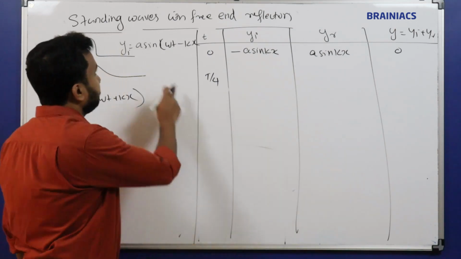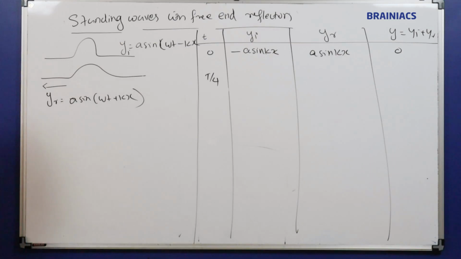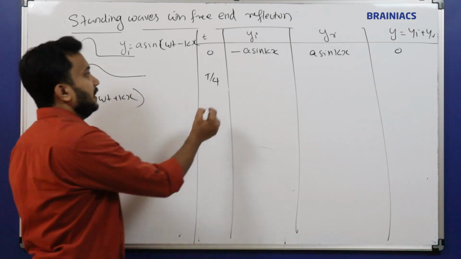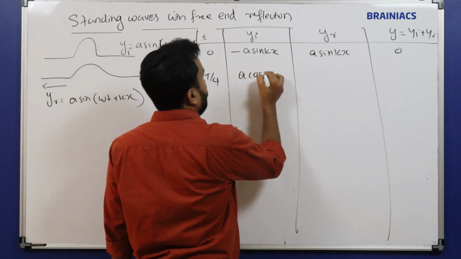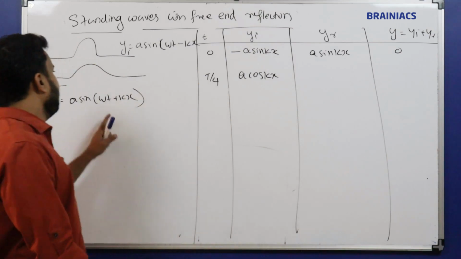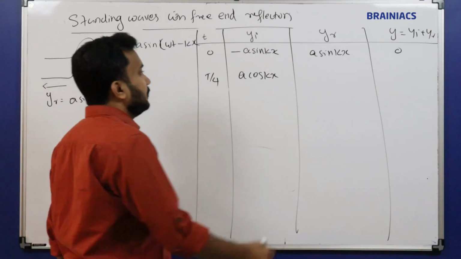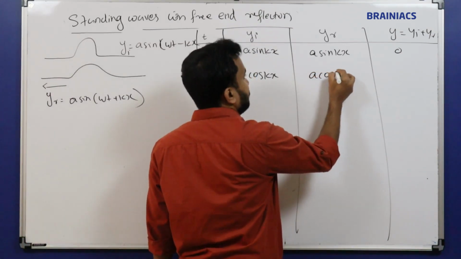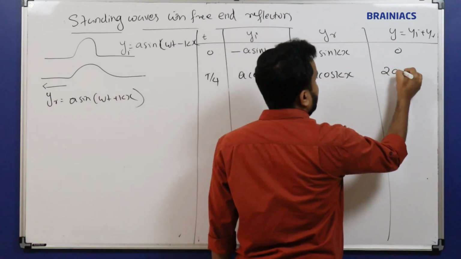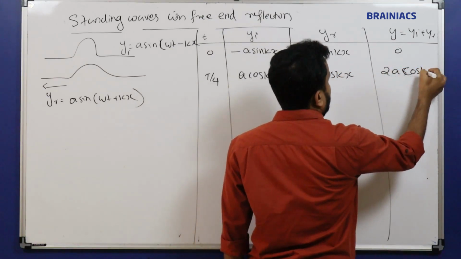Which quadrant? You have to give it at t. So what will we get? a cos kx. The reflected wave also falls here and becomes a cos kx. So when we add these two, what will you get? 2a cos kx.